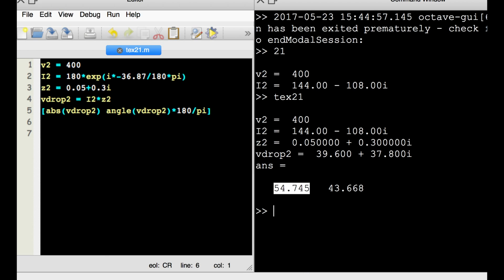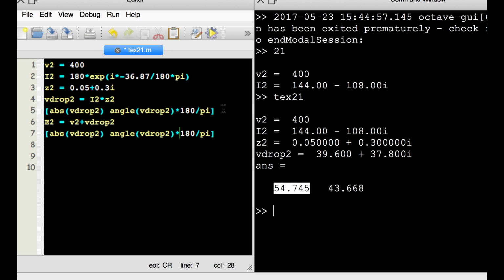So let's see. To calculate E2, I can just write capital E2 is equal to V2 plus V drop 2. Once I have that, again I want to know the absolute value and angle of that. So here I know the magnitude of E2 and angle of E2. Now let's run it.